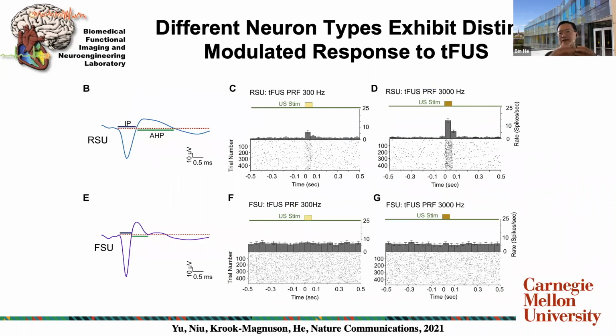So we record the signal, and then by selecting the single unit and the response, and it's well established in neuroscience that there are different shapes of the action potential based upon the initial phase or after-hyperpolarization, and we could quantify or categorize these neurons into the regular spiking unit, or presumably excitatory cells, or fast spiking unit, or presumably the inhibitory cells. Now, here is ultrasound stimulation.